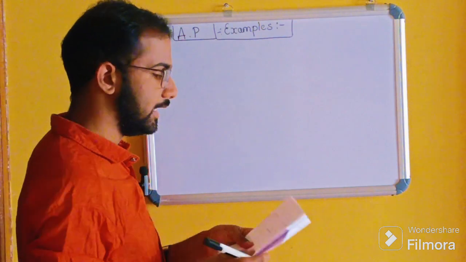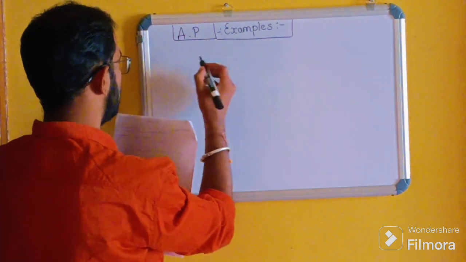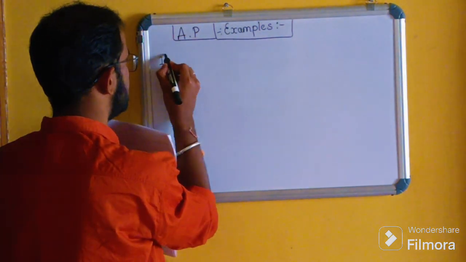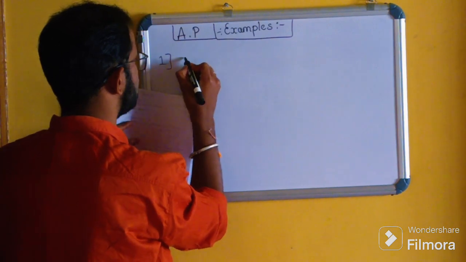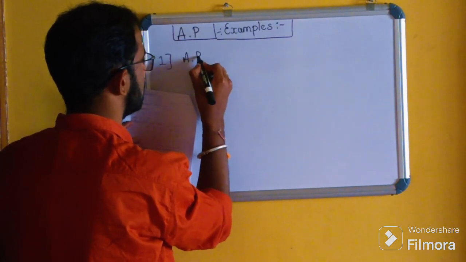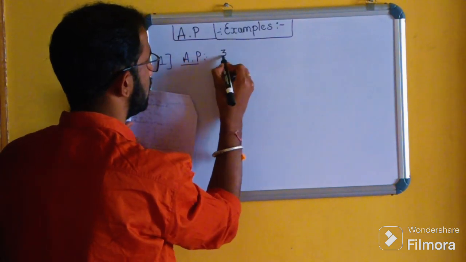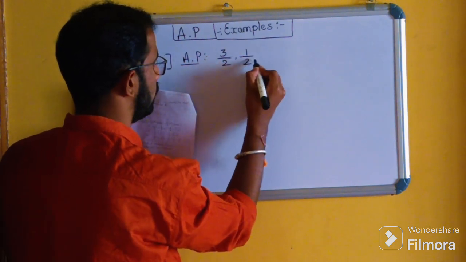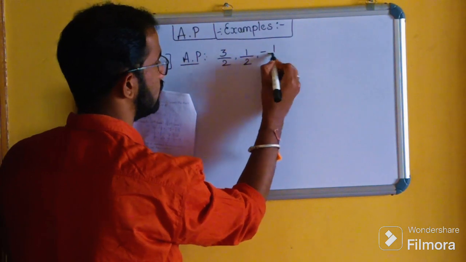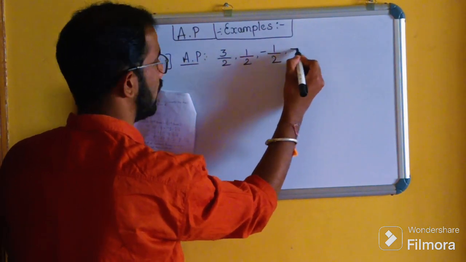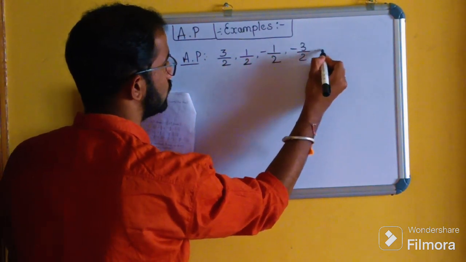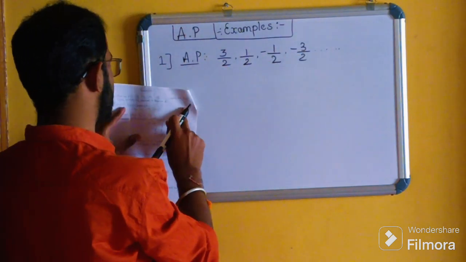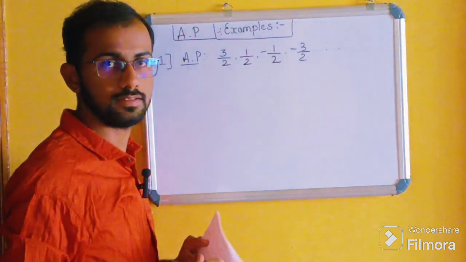For an AP 3 by 2, 1 by 2, minus 1 by 2, minus 3 by 2, and so on, write the first term and common difference.